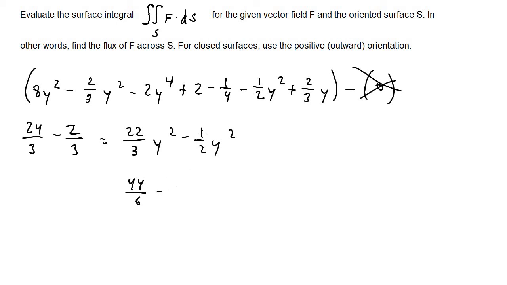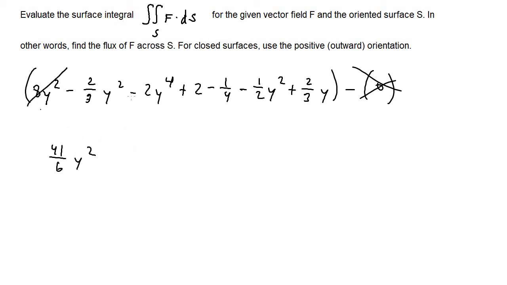So then 44 over 6 minus 1/2, which is 3 over 6, is going to be equal to 41 over 6. So we have 41 over 6 y squared. Then I can cross those terms out. And I can simplify 2 minus 1 over 4. 2 can be written as 8 over 4, so 8 over 4 minus 1 over 4 is positive 7 over 4.